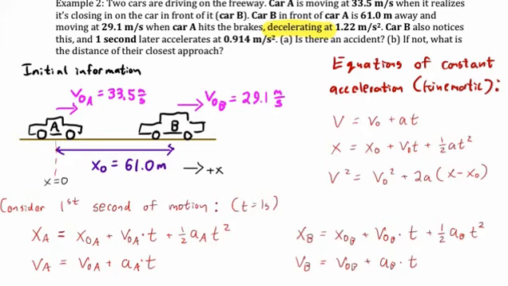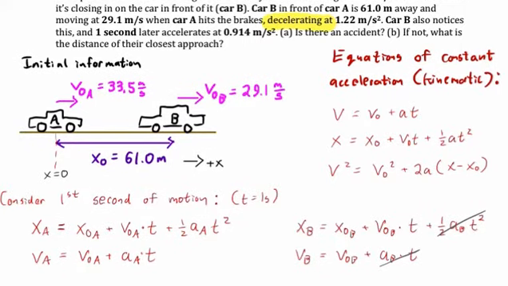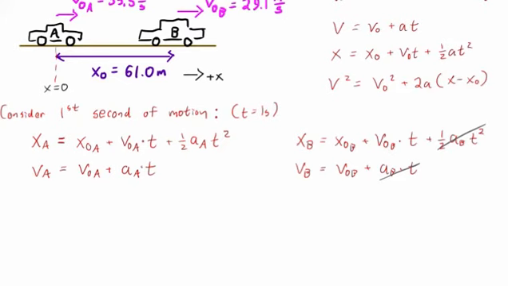Okay, so let's, like I said, cancel out the things that are going to be zeros. So in the first second, no acceleration for B. So that's 0, and so is that term there. Now let's find numerically what's going on after the first second.